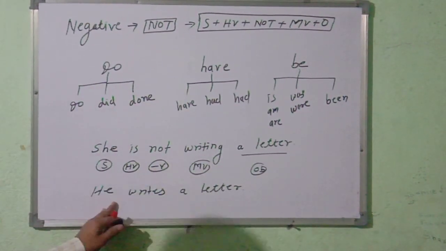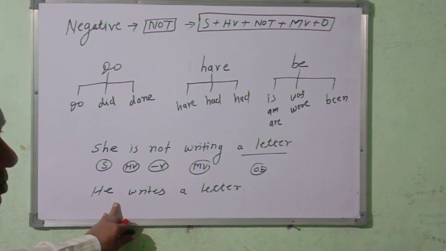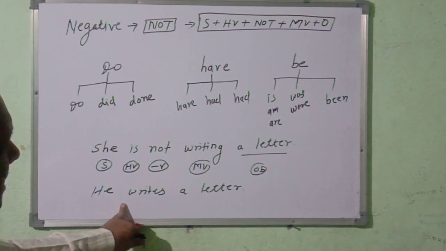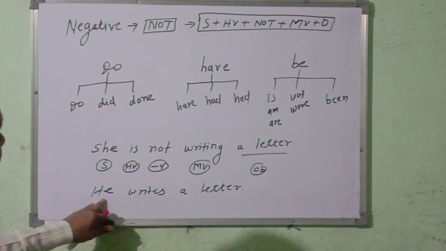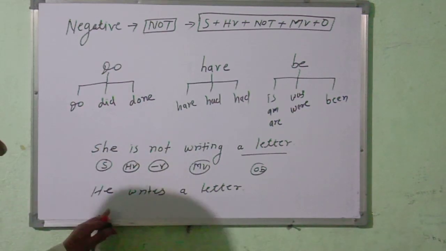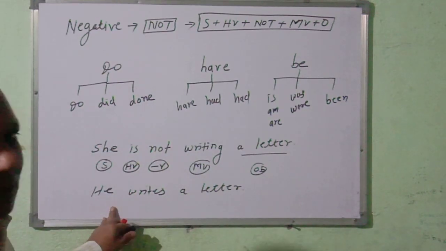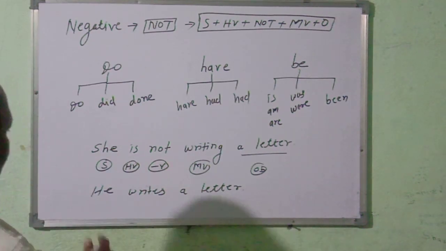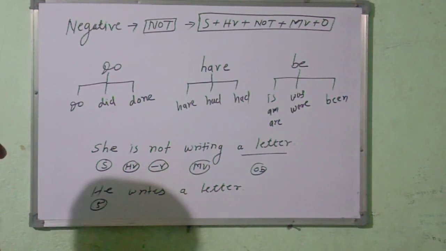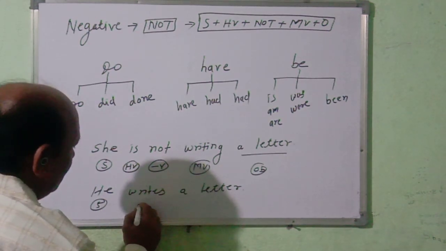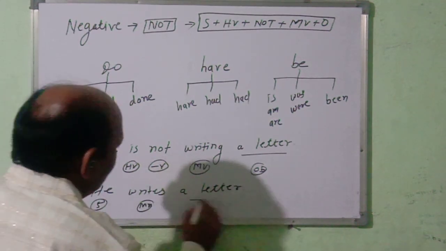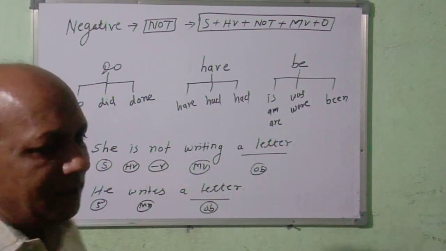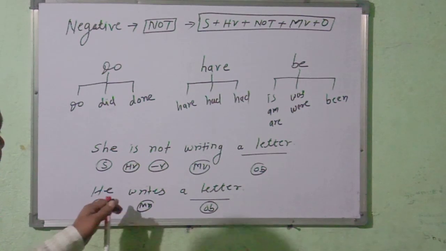For creating the negative sentence, according to this structure, what do we have to do? We have to observe this structure and this sentence and see which things are missing. Here the subject is present, the main verb is present, and the object of the sentence is also present.